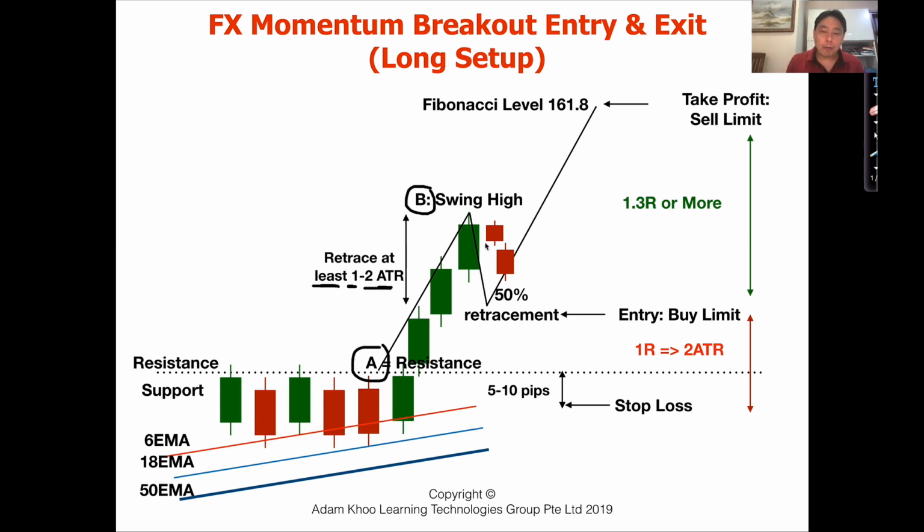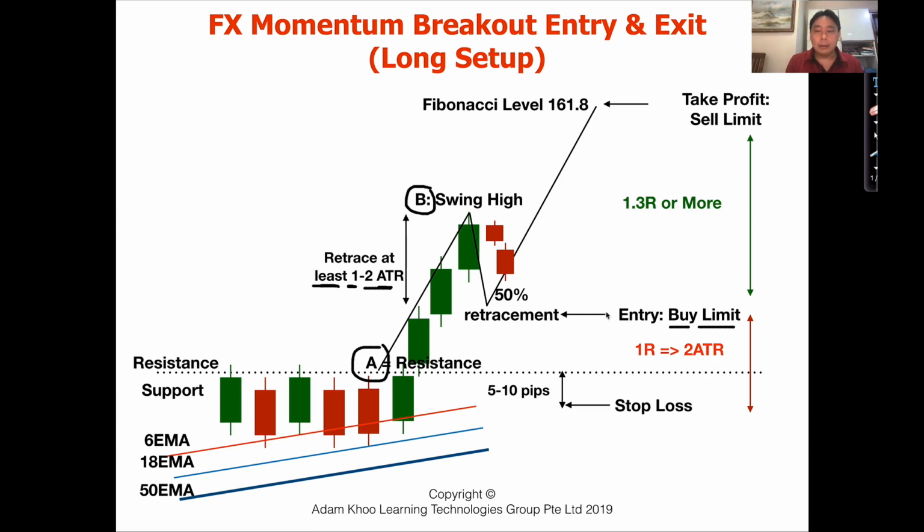But if it retraces and there's no support over here, then we like to see at least a 2 ATR retracement. Okay, so what we do is we will place our buy limit order. Bear in mind, it's a buy limit order, which means we will buy if the price reaches the 50% level or lower. Then our order will get filled, we're in the trade.